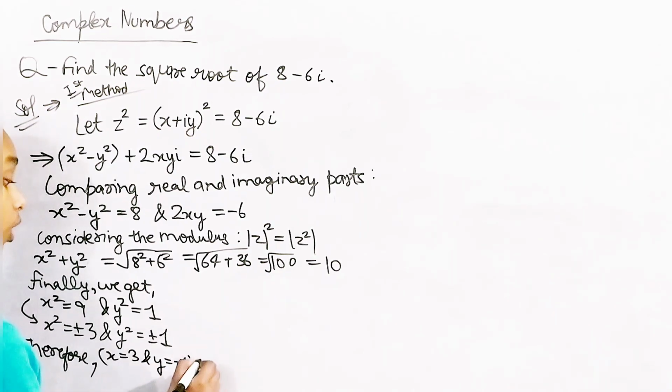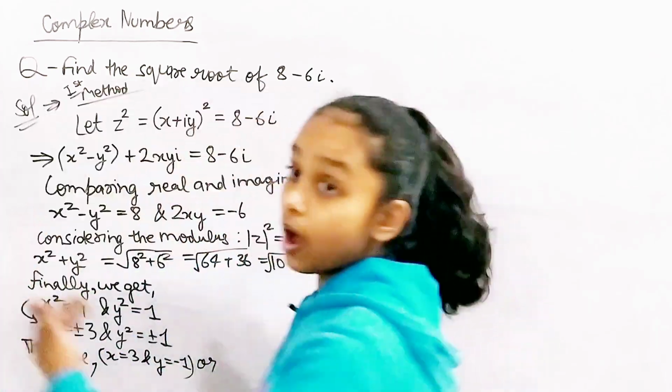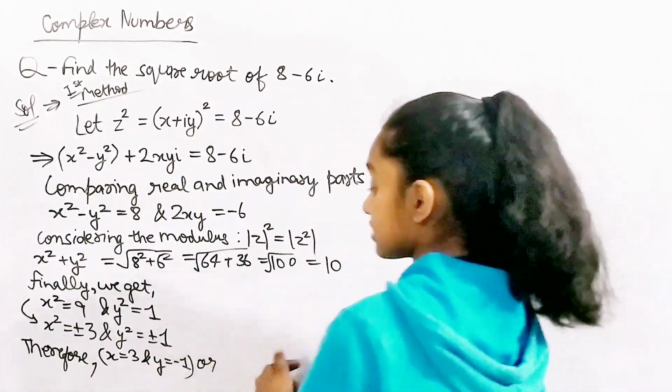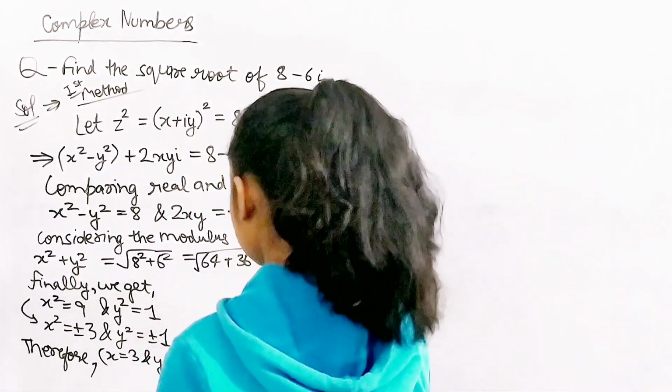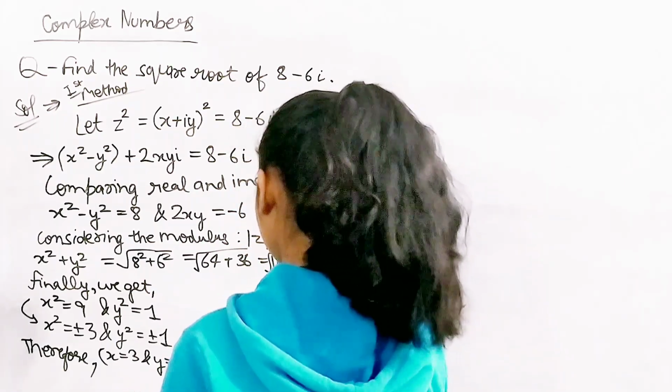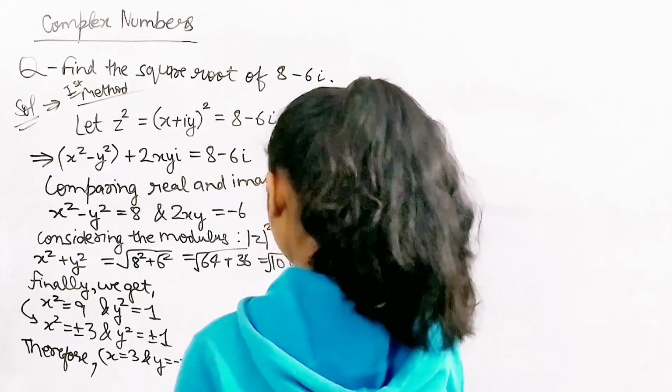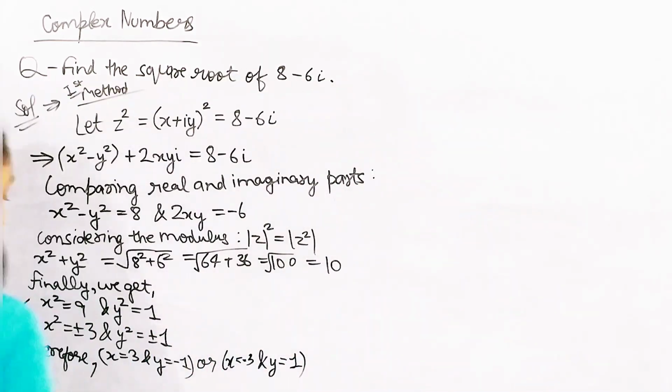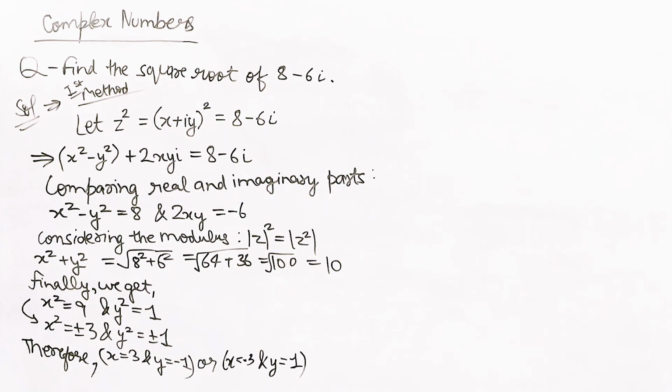Or, as they're of opposite signs, in the next case, I can say that x is equal to -3 and y is equal to +1, right? Is this clear? These two cases are the only ones possible, right?